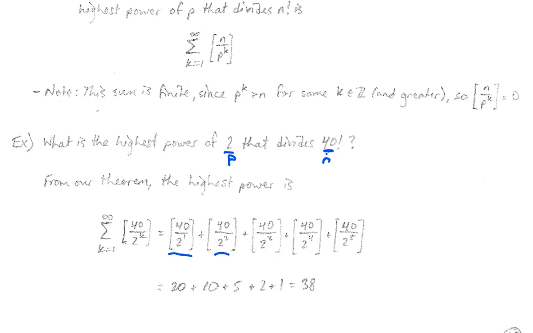So 40 over 2 to the 1 is 20. Sorry about that. We know that the floor of 20 is going to be 20. That's why we get this term here. We said that 40 over 2 squared was 10, and the floor of 10 is 10. We said that 40 over 2 cubed was 5.